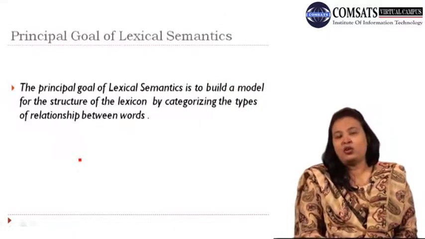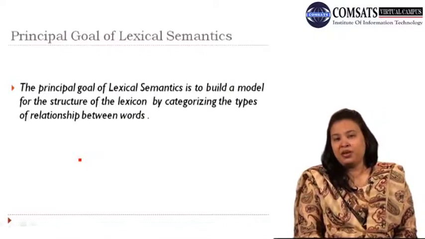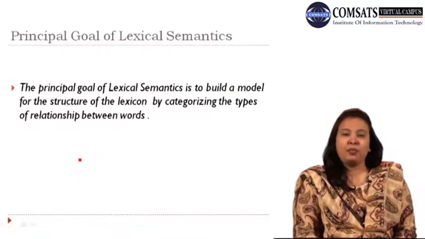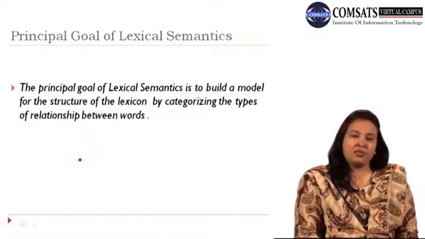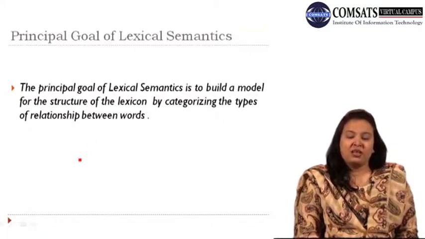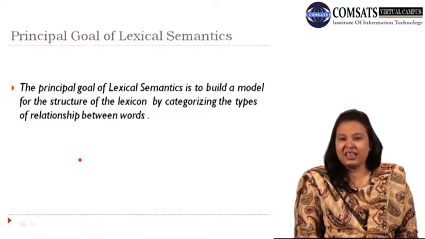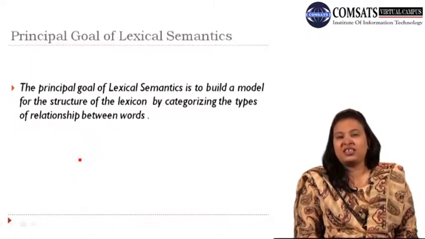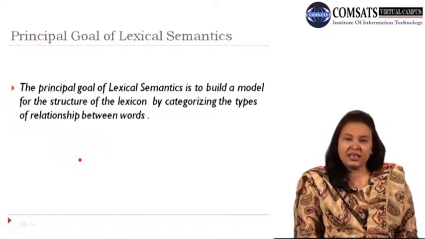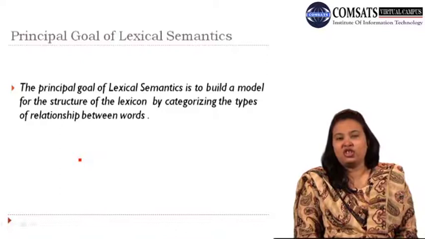Now here I would like to talk about the principal goal of lexical semantics. What are the objectives of this branch of linguistics? The principal goal of lexical semantics is to build a model for the structure of a lexicon by categorizing the types of relationships between words.